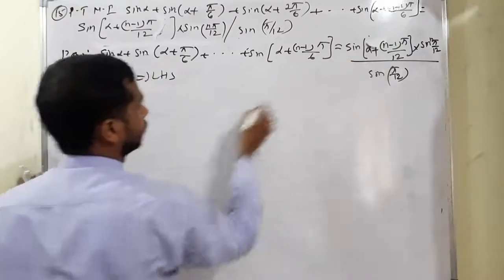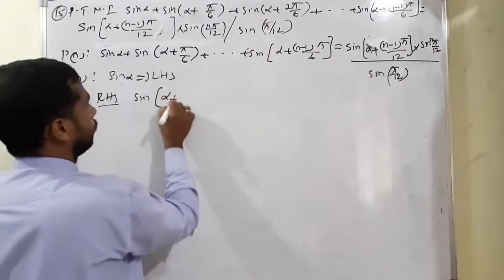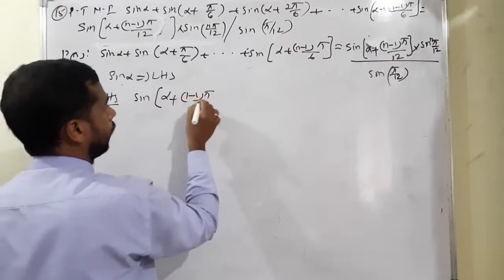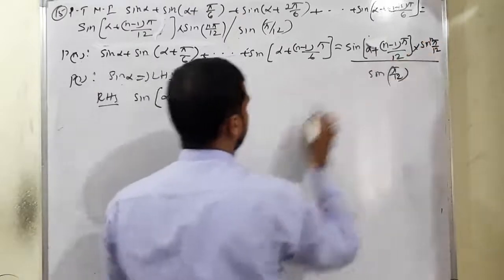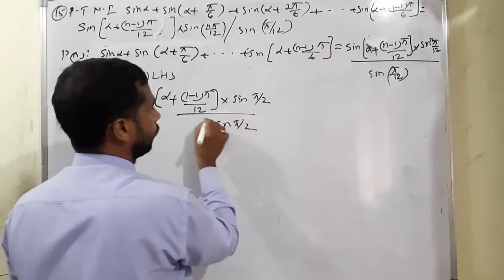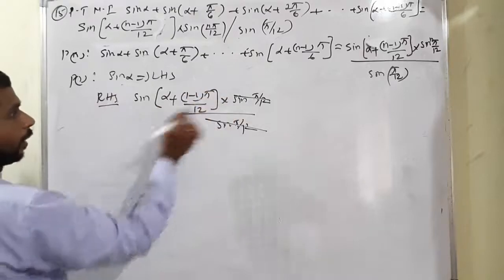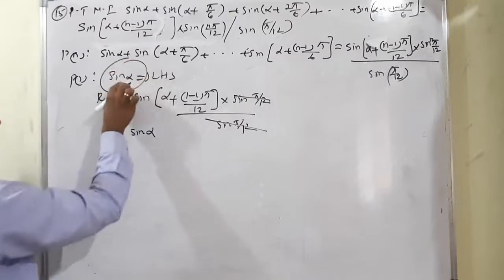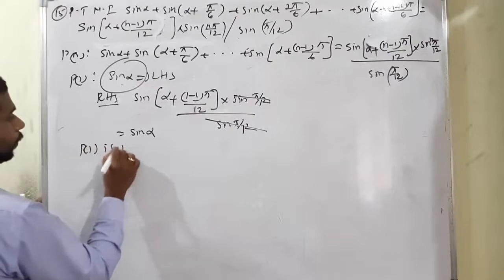What is the value of RHS? sin(α + (1-1)π/12) into sin(π/12), the whole divided by sin(π/12). So, sin(π/12) cancels, and 1 minus 1 is 0, so remaining only sin α equals sin α. Look at that, the LHS is sin α, and we have proved the RHS is also sin α. Therefore, P(1) is true.